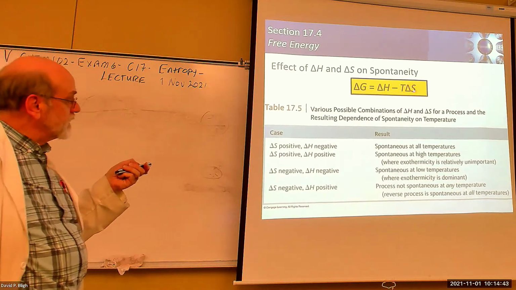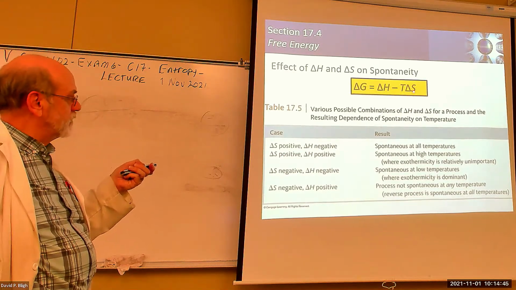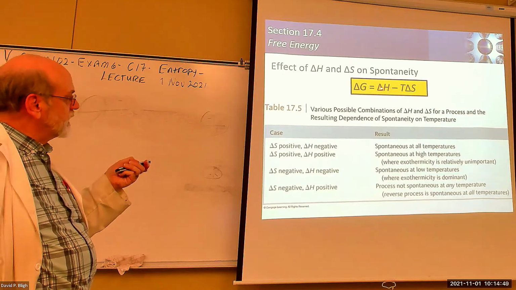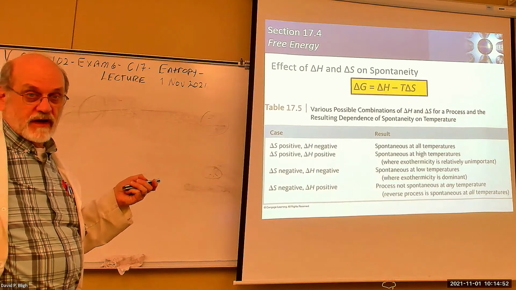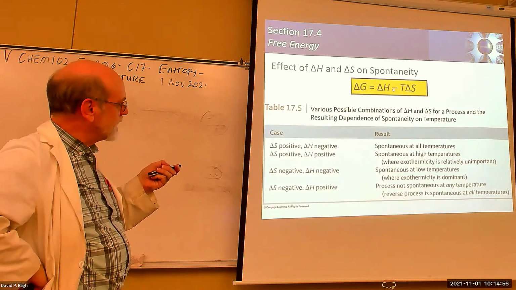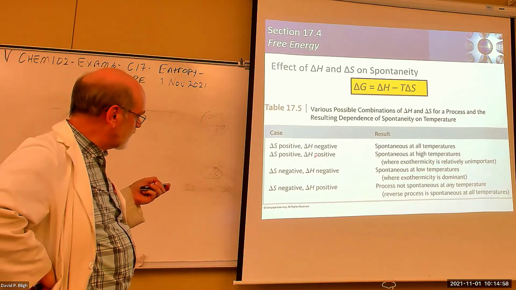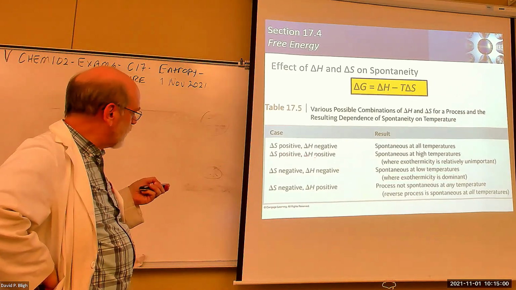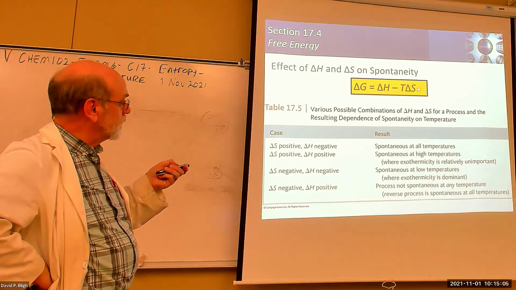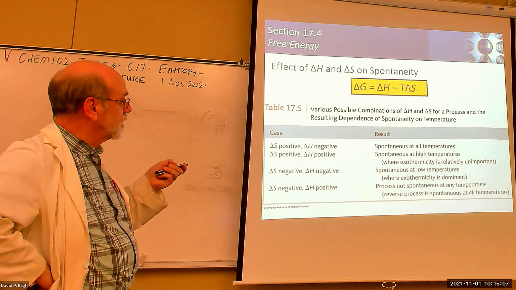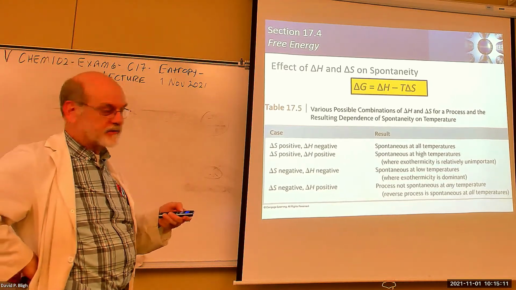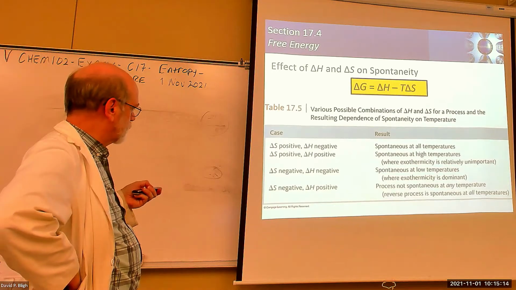So if the entropy is highly favored, then it's a negative term that's bigger than delta H. That means it's spontaneous. So the best circumstances for this one to be spontaneous, where both are positive, is where delta S is very large, or T is very large. Very high temperature would favor this one.